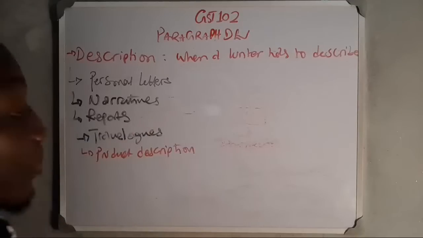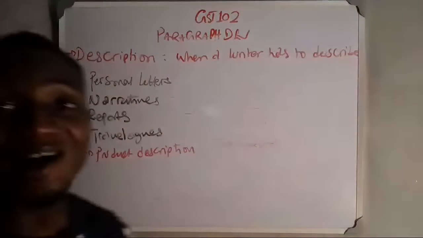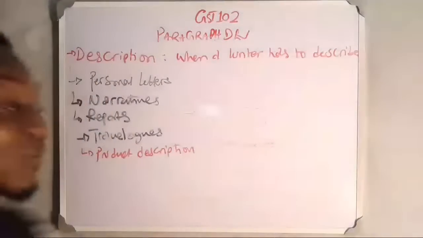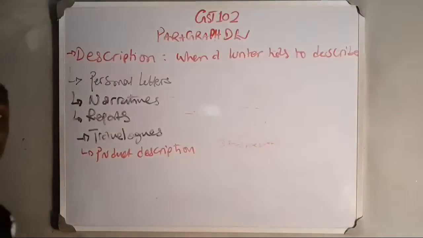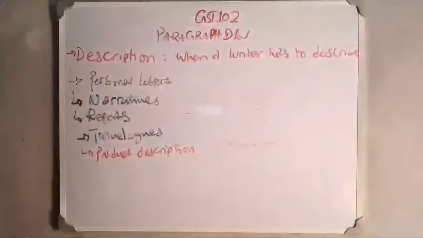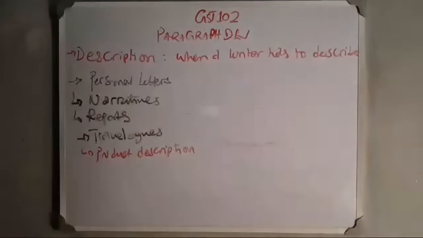It's one very important thing we all look out for when we want to purchase something online. You go and look at the product description, where you find the capacity, the strength, the warranty, whatsoever has to do with how the product functions. So when it comes to developing a paragraph or a topic sentence or a piece of writing using description, you intend to give details.